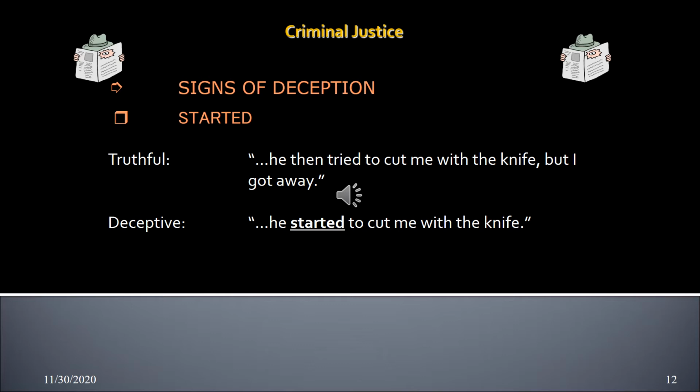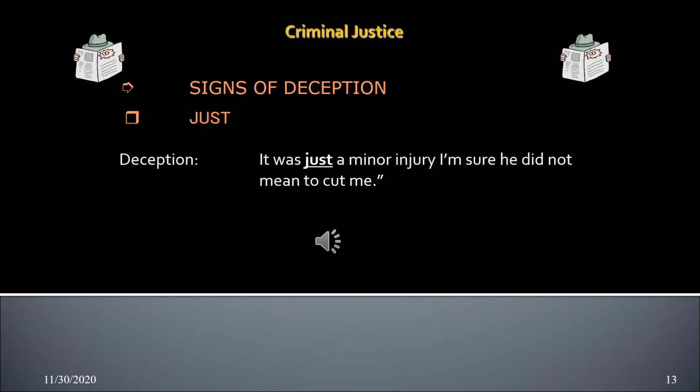You should know whether it either occurred or didn't occur. And so the word started is not an appropriate verb for that setting.